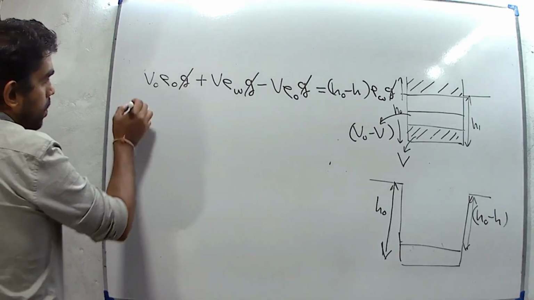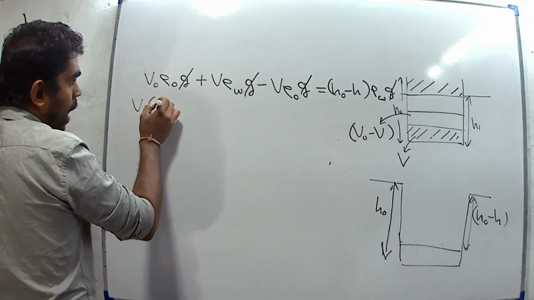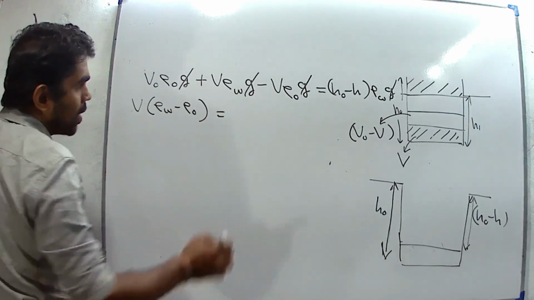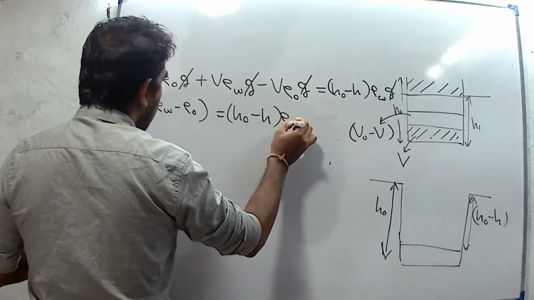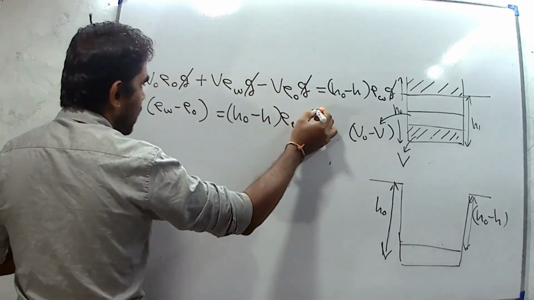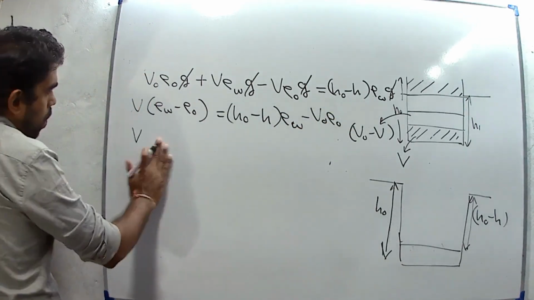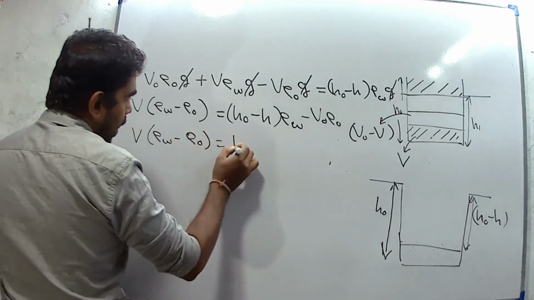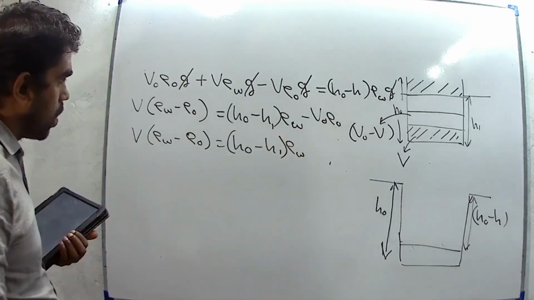Then V times rho W minus rho oil should be equal to h0 minus h times rho W. You have to bring this part to the right hand side, minus V0 rho naught. V times rho W minus rho naught equals h0 minus h1 rho W.